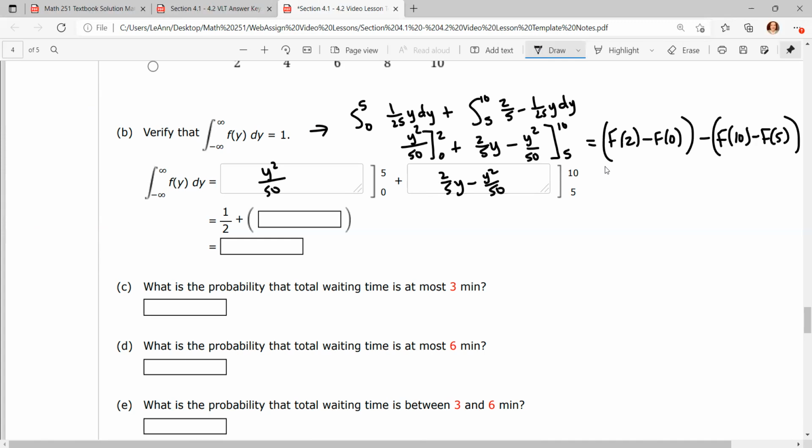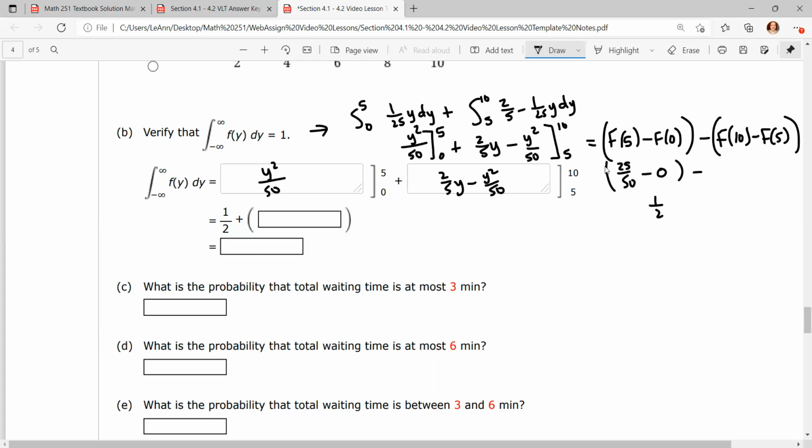Oh, that's supposed to be a 5, my bad. I knew that didn't look right as soon as I wrote it. It's 0 to 5, not 0 to 2. So we're going to be doing f of 5 minus f of 0 for this first one. So this is 25 over 50 minus 0. So that's where that 1/2 came from.